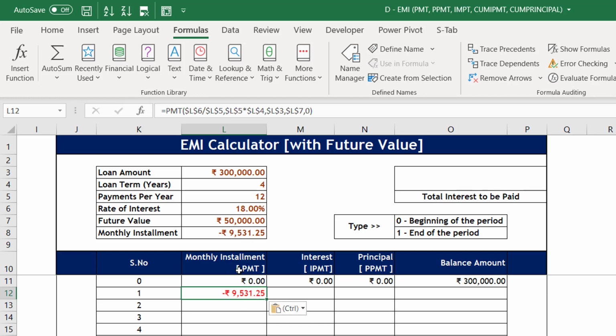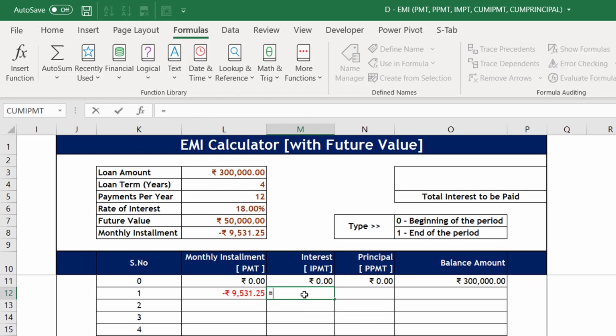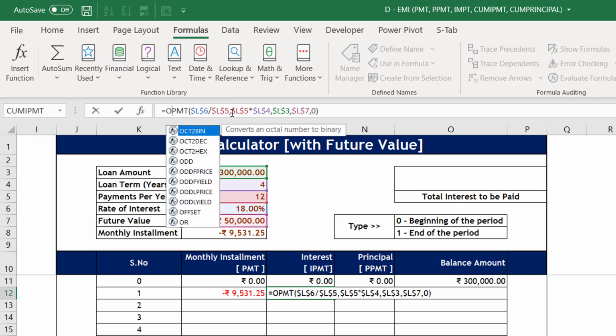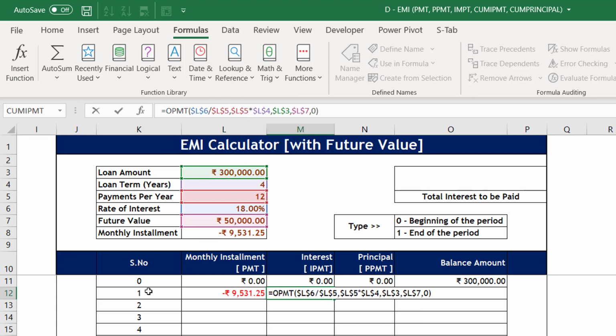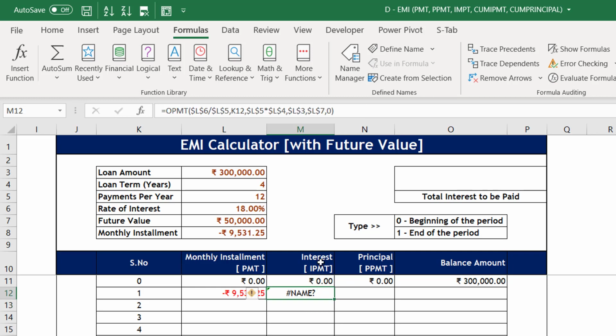Okay, you can see these two values are the same. Very good. Equal to, I'm going to paste the same formula, and this time I'm going to write IPMT, and the second argument is missing, which is the period, comma, done. Oops, something went wrong. It should be IPMT. Here it is.